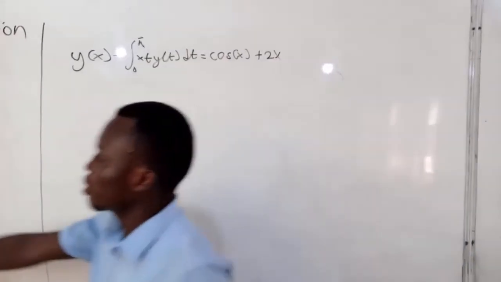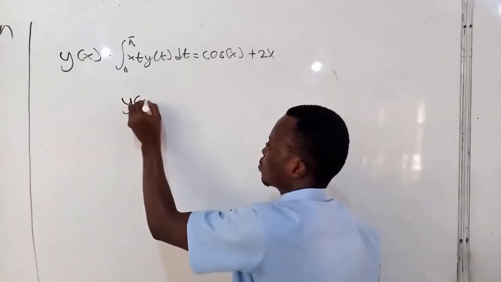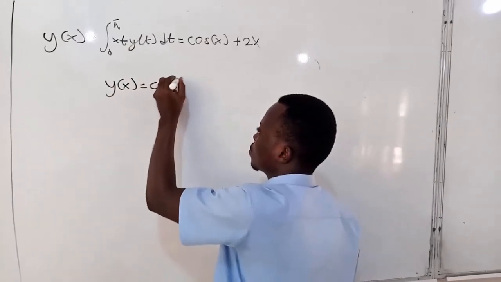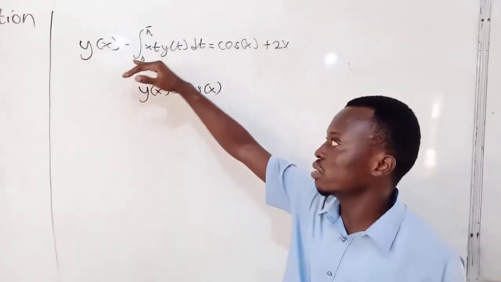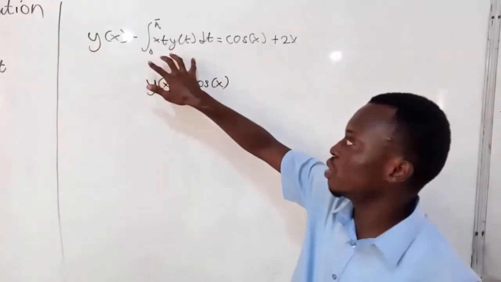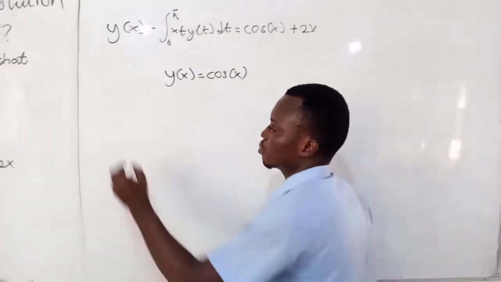And the function given to us is y of s equal to cos s. To show that this function is a solution to this integral equation, let's consider the left hand side.